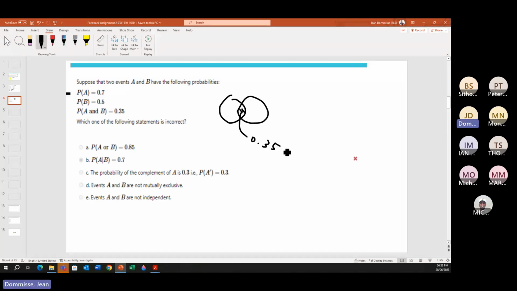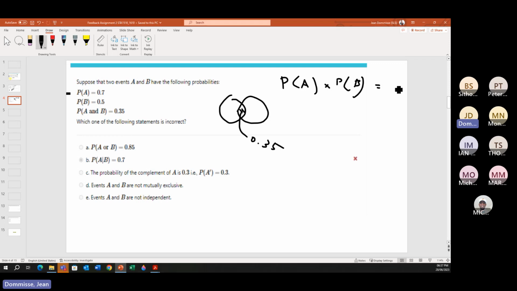Okay, so let's first look at independence and mutually exclusive. So if it was mutually exclusive, the probability of A and B would have been 0.